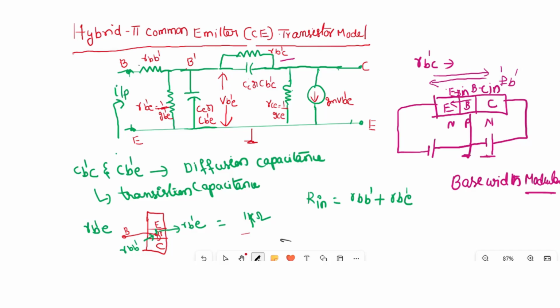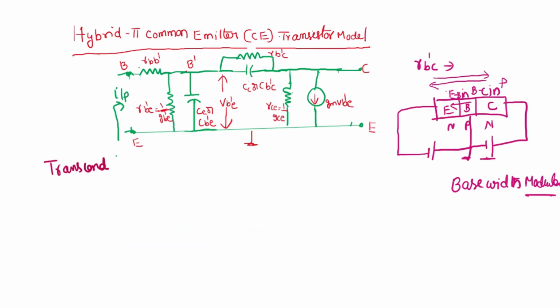Then another component is the transconductance gm. VB'E is created because of the application of your input voltage.